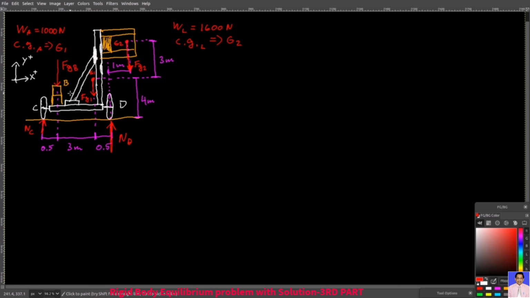You have equal horizontal distance on both sides. In this case, it's not important to know the vertical location of the center of gravity for those blocks, because Fgb tries to prevent tipping over at point D by applying a counterclockwise moment about that point. Since Fgb only points down, you only have a moment arm that goes from Fgb till point D horizontally.